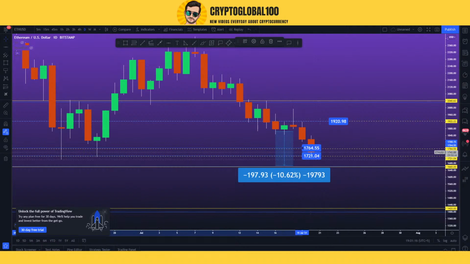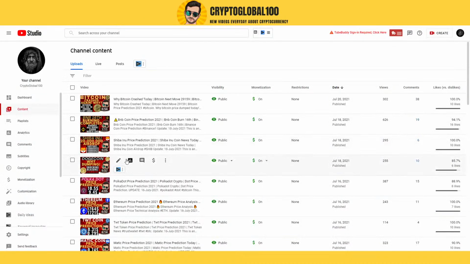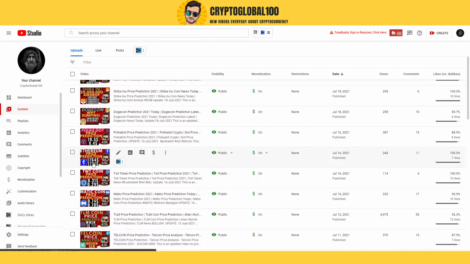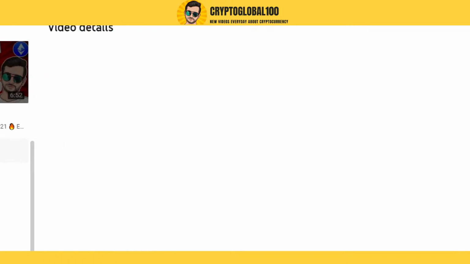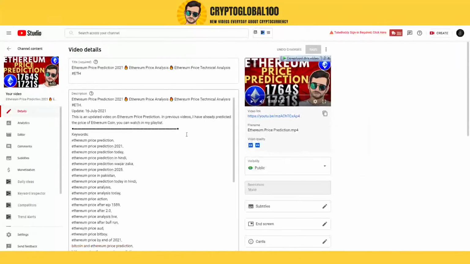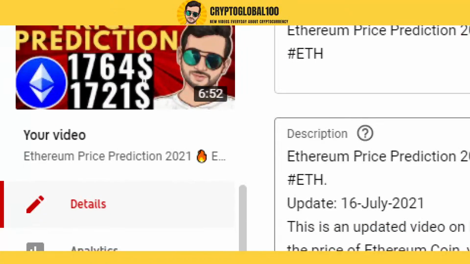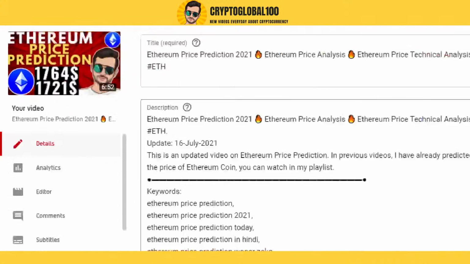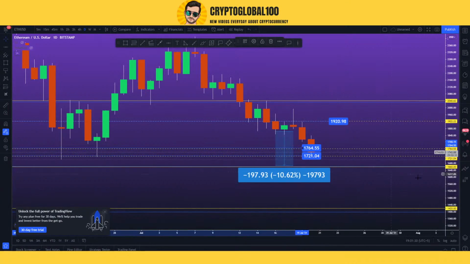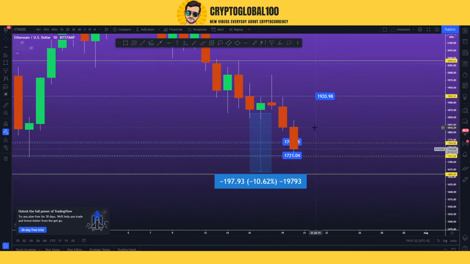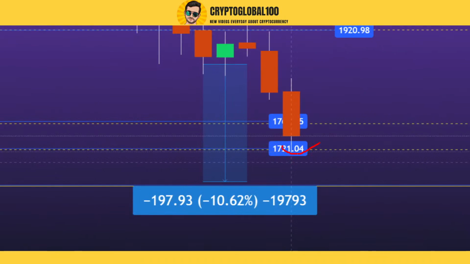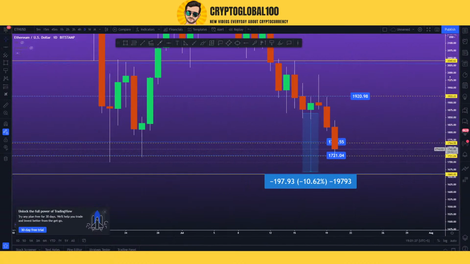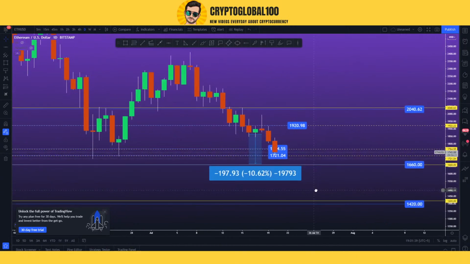You can go to my chart and go to this one. Let me show you this one here, 1764, 1721. Just take a look at yourself. 1721, again the same. You see the levels have been tested.